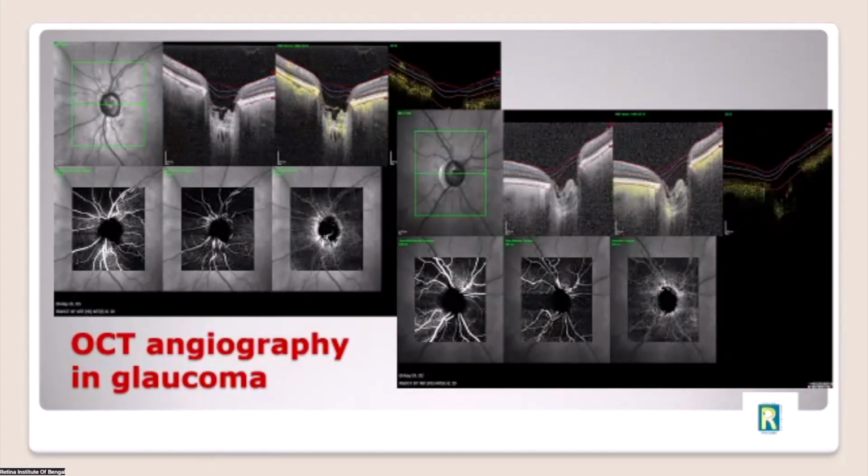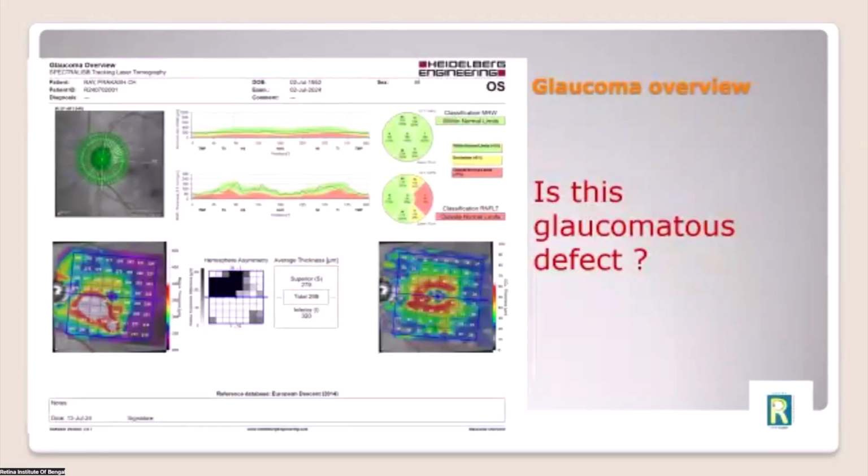If you have a suspected defect and you are missing it frequently, because this need not be done regularly, but in an early stage there can be a defect that you are not picking up, you can go for this OCT angiography also. So the area of the vascular defect will correlate with the glaucomatous problem.